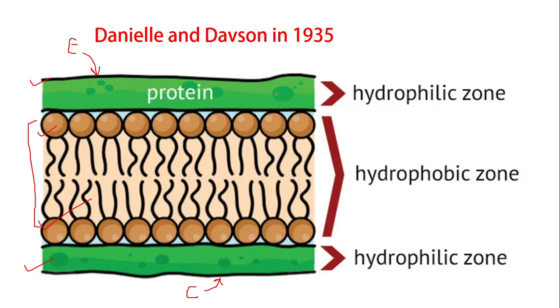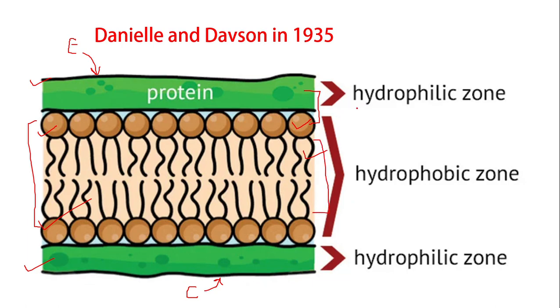According to this model, guys, there is a hydrophilic zone present outside, made up of this protein layer and the head region of the lipid layer. This circular region is the head region of the lipid layer, and these thread-like structures are called tails, and these tails form the hydrophobic zone.